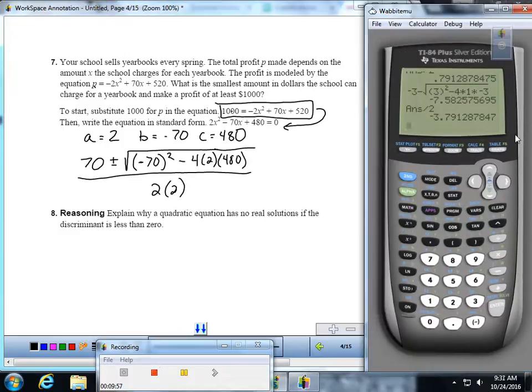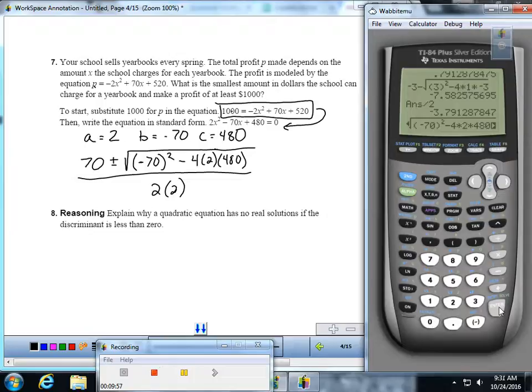So now we come back to our calculator. 70 plus square root of negative 70 squared minus 4 times 2 times 480.